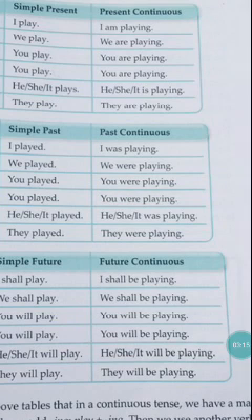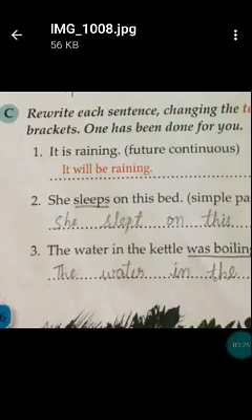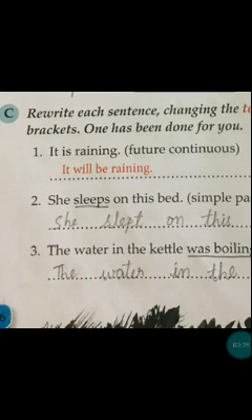So converting it is playing into will be, the future form will be will be. It will be playing. So we need to write there, it will be raining. Yes, the same is the answer, right?